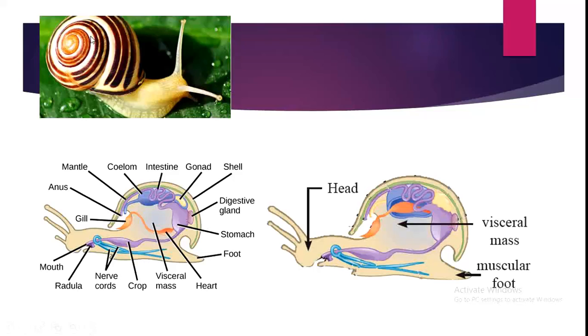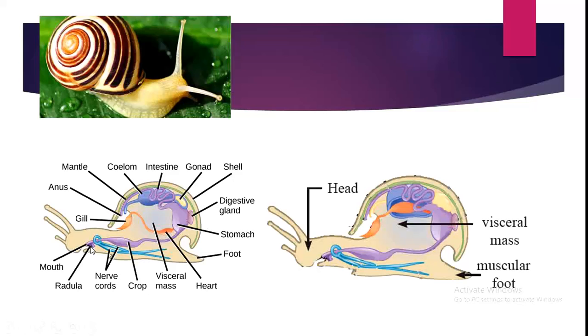Mollusks have a coelom, therefore we call them coelomates. These have a variety of feeding habits, and there is a structure called radula for slugs and snails, which is like a pair of scissors by which they can cut the plant materials.